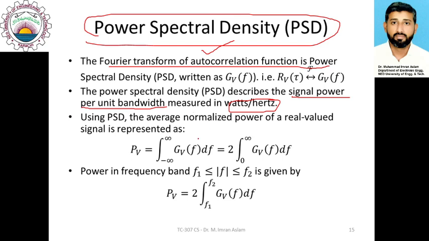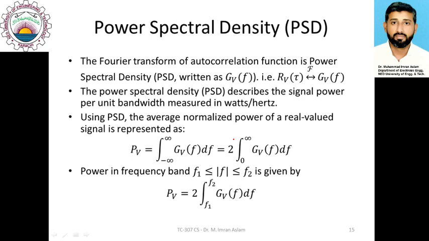In order to calculate the power, you have to integrate this PSD over the entire frequency range, that is from minus infinity to plus infinity. But since the signal spectrum on the positive and negative sides is symmetrical, we can use a simplified version of this integral: calculate it on the positive side only, from 0 to infinity, and multiply it by 2 by virtue of the symmetry.